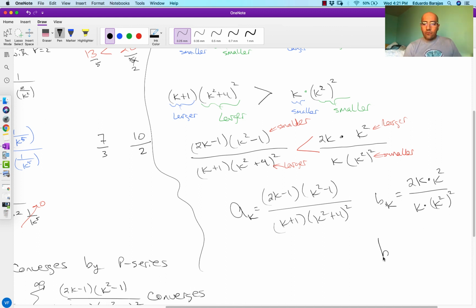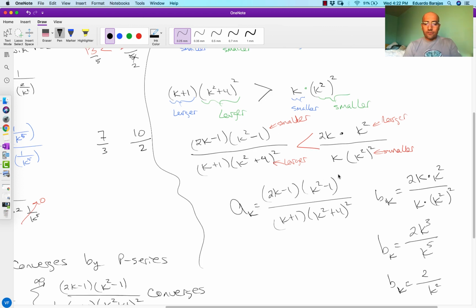Well, then this reduces. b sub k is equal to 2k to the third power divided by k to the fifth power, which further reduces to 2 over k squared. Well, we already have the inequality the way we need it. So if we can just establish that this converges, which it does, as we've already talked about, it converges by the p-series, then we can use the comparison test to establish that this one is also going to converge.